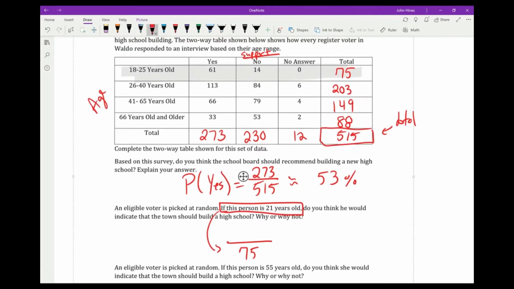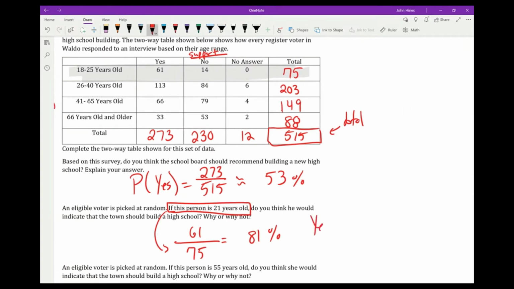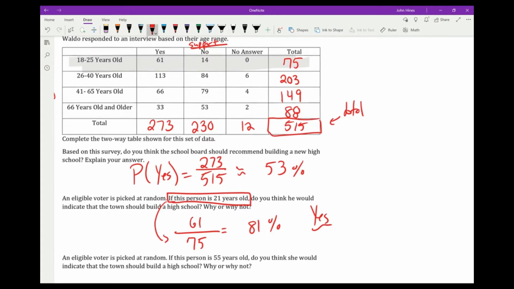Do you think they would support building the high school? Well, how many people from that row support the high school? 61 out of 75. So let's get a decimal representation for that. It's about 81%. So do we think that a randomly selected 21-year-old is going to support the high school? I'd say yes. There's about an 81% chance that that person supports building the high school.